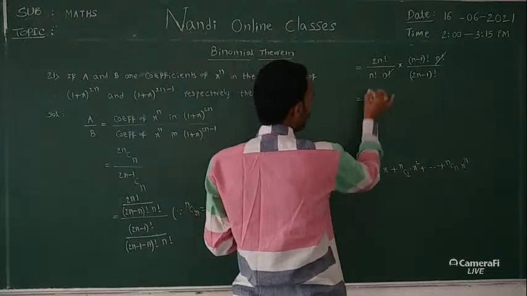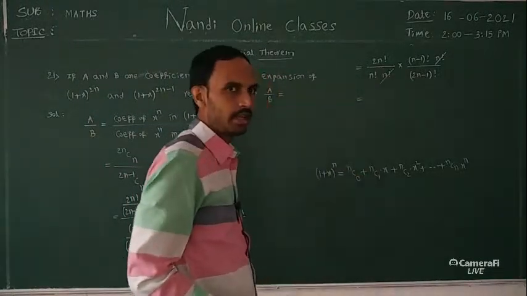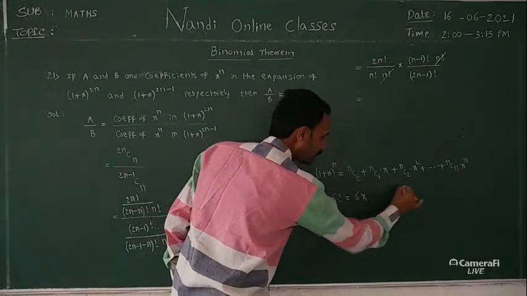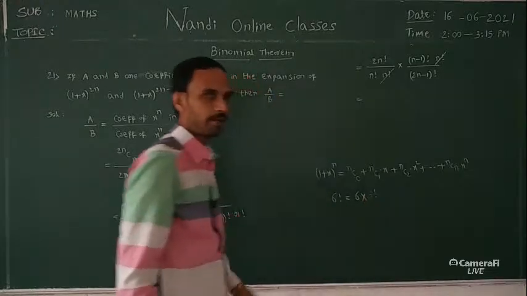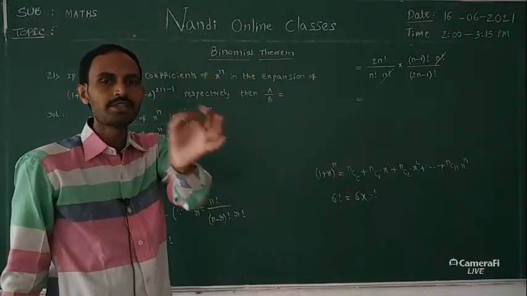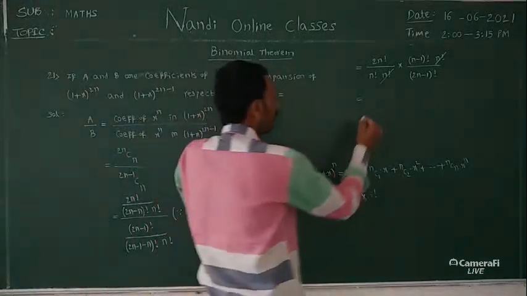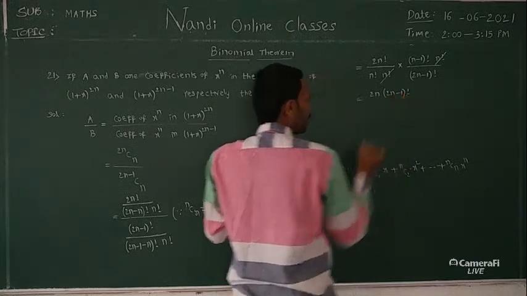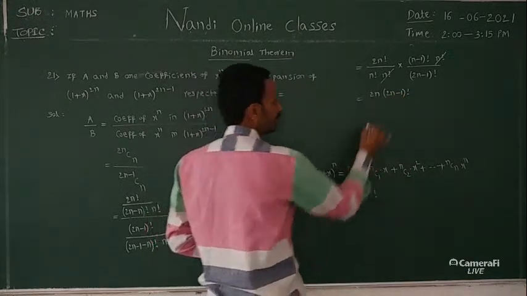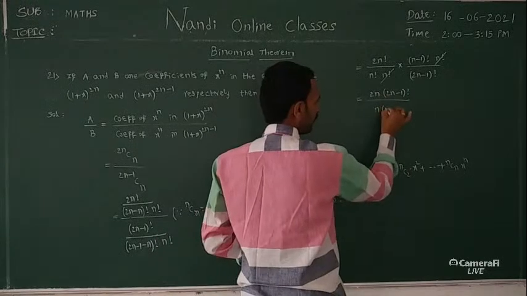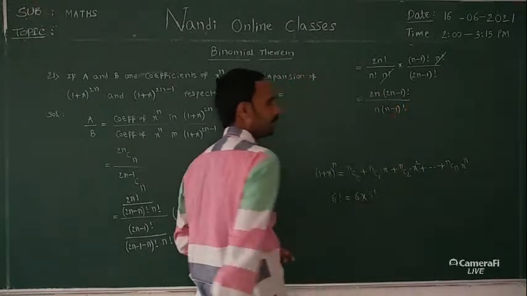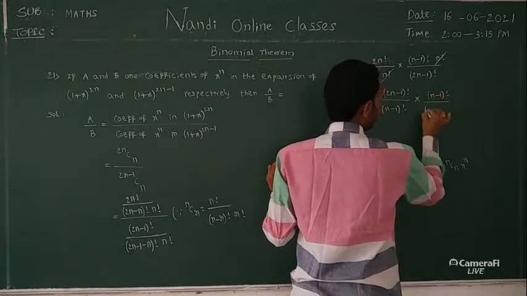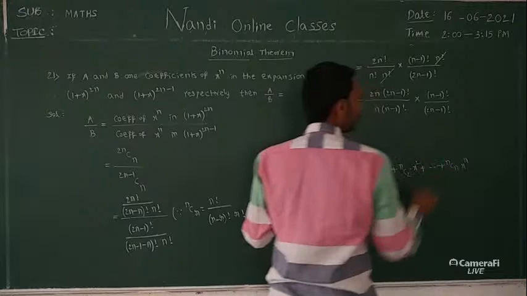Suppose 6 factorial can be written as 6 into 5, 4, 3, 2, 1, and that is denoted by 5 factorial. So 6 factorial can be written as 6 into 5 factorial. Similarly, 2n factorial can be written as 2n into (2n minus 1) factorial, one term decreased. n factorial can be written similarly as n into (n minus 1) factorial.